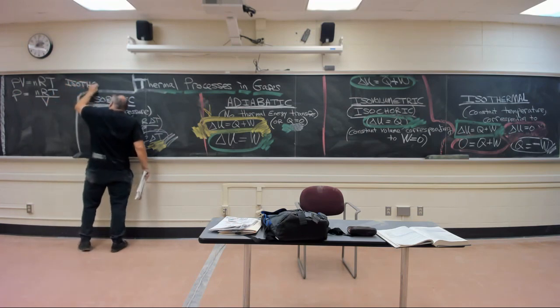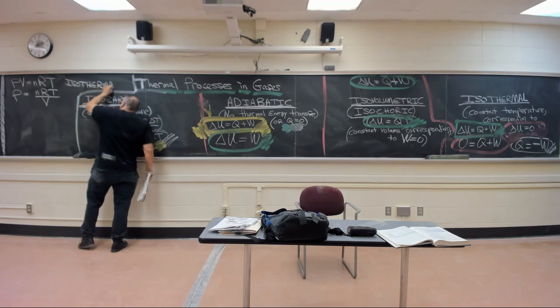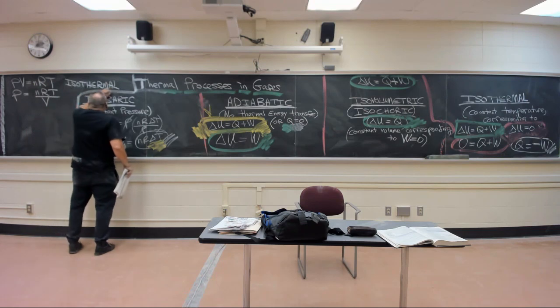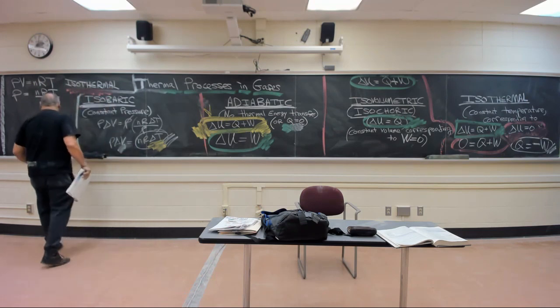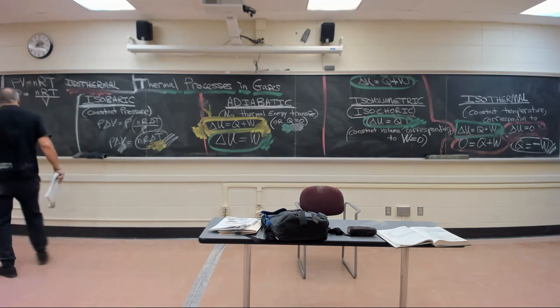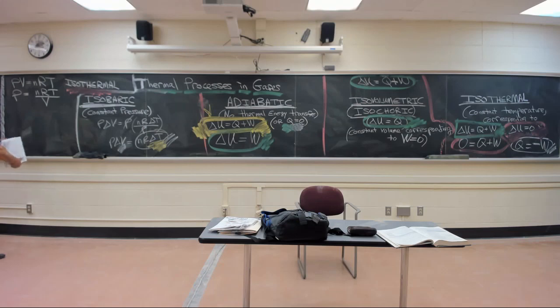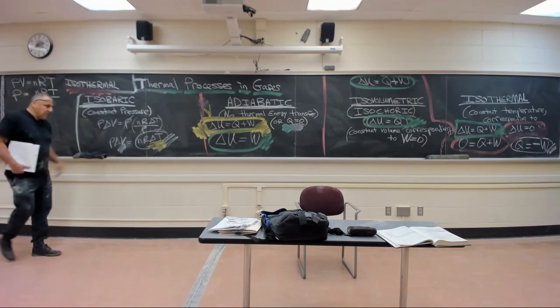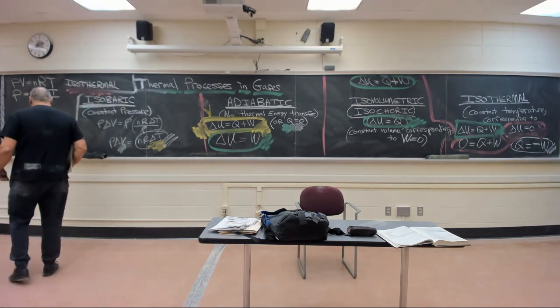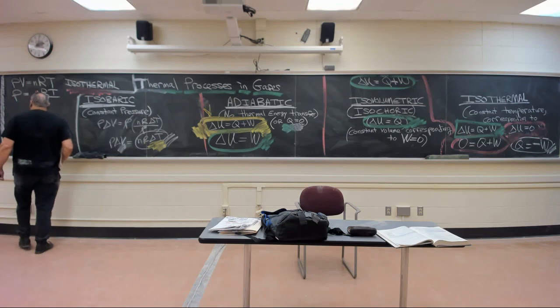So if V gets smaller, P gets bigger. If V gets bigger, P gets smaller. They're inversely related to each other. We're not going to worry too much on that.